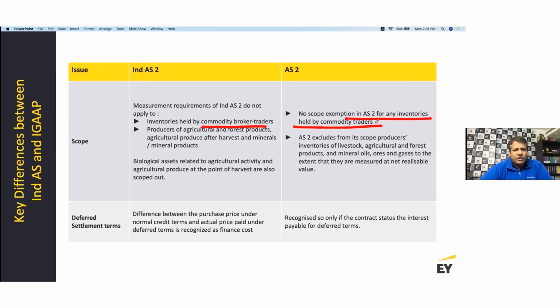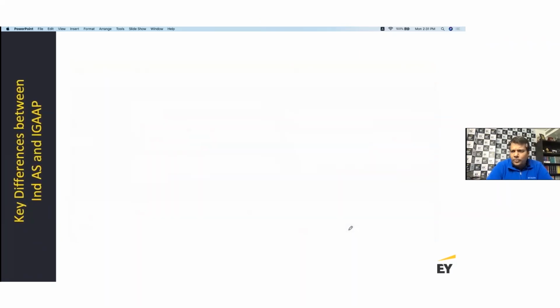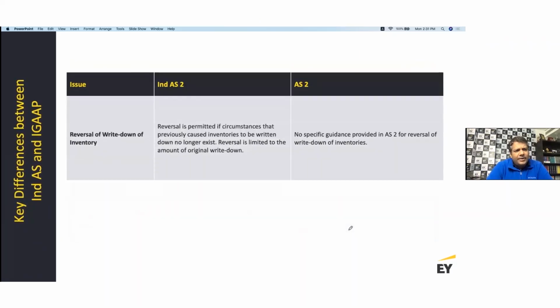Biological assets, we saw the exclusion. For deferred settlement terms, we talked about present value accounting and recording the interest cost as a period cost. Here it is recognizable only if the contract states that interest is payable for deferred terms. So I think Indian GAAP, to that extent, doesn't account for the present value, goes more by the contract, and there could be an element of judgment there.